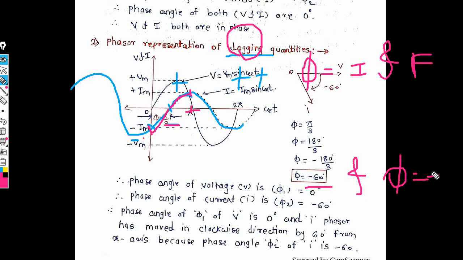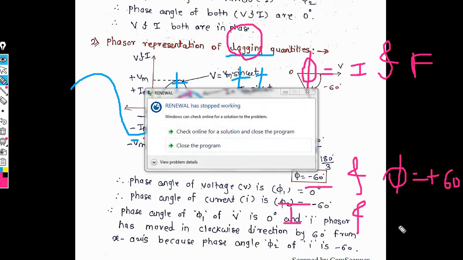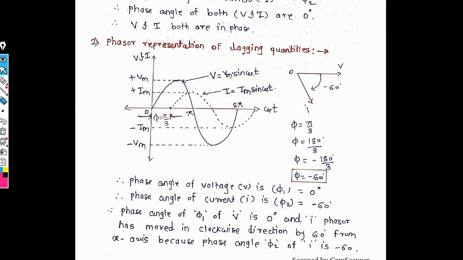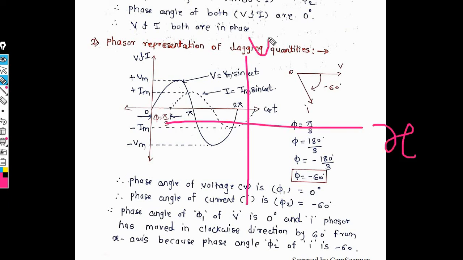Each phase angle has an initial angle and a final angle, and it depends on the x-axis coordinate and y-axis coordinate. Here this is the x-axis and y-axis. This is the first quadrant, positive positive, and here negative positive.